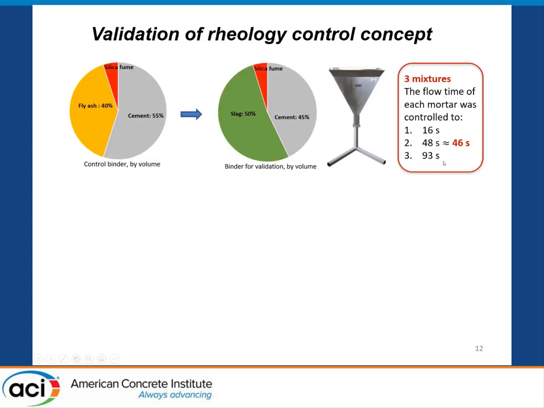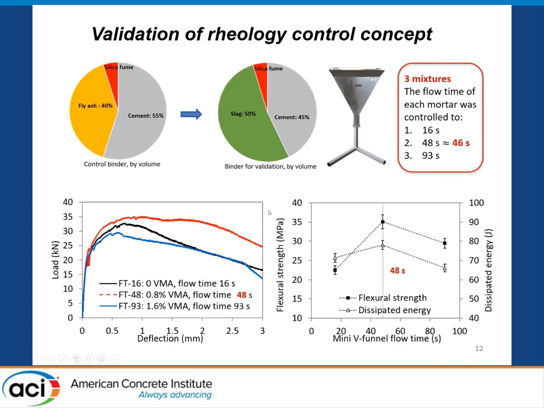And also we controlled mixtures with 93 seconds. As you can see, the results are as expected. When the flow time of the suspending mortar is controlled around 48 seconds, we obtain the highest flexural properties.